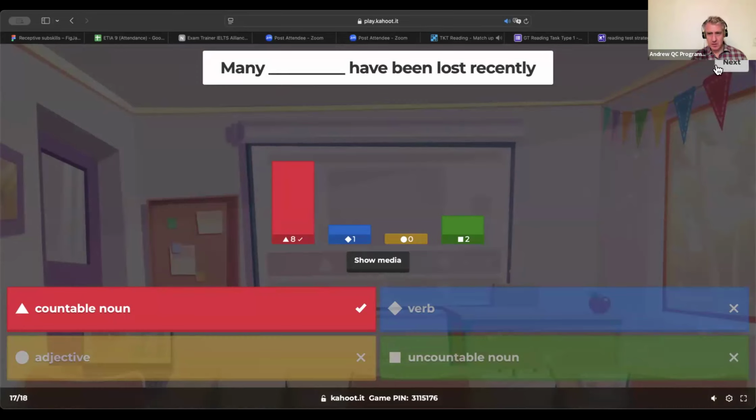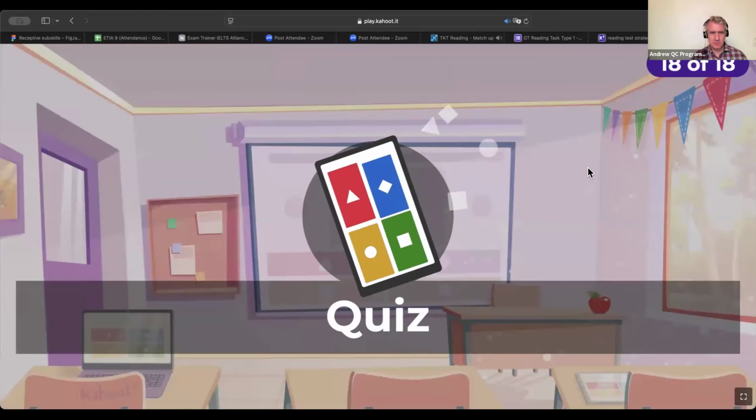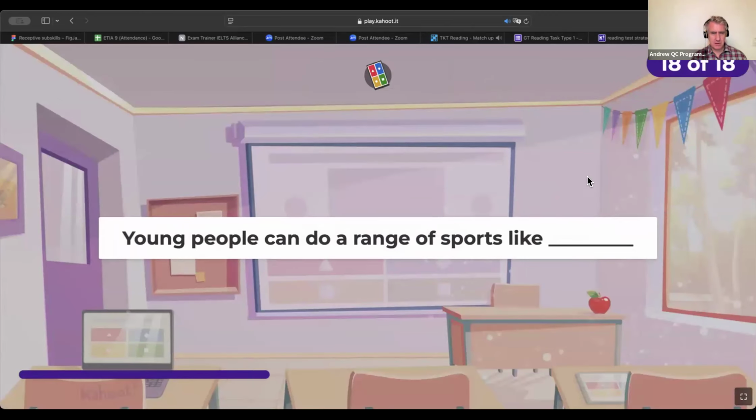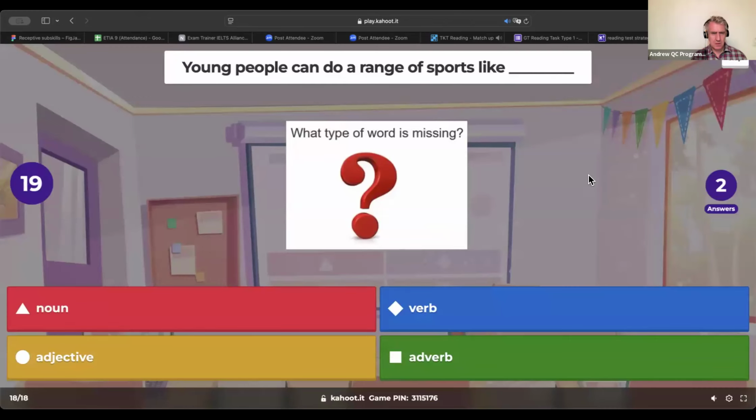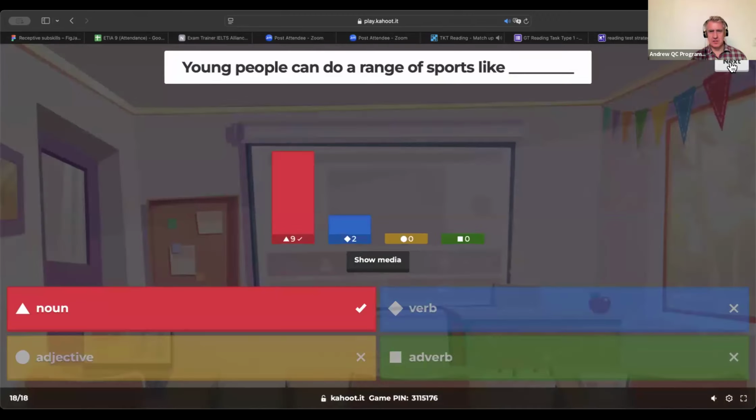Many drones have been lost recently. Basketball, football, nouns, yes, good.